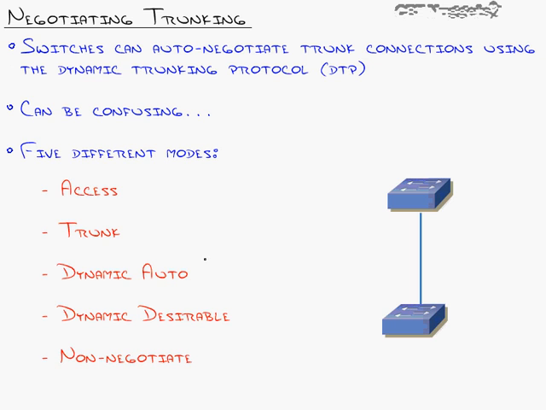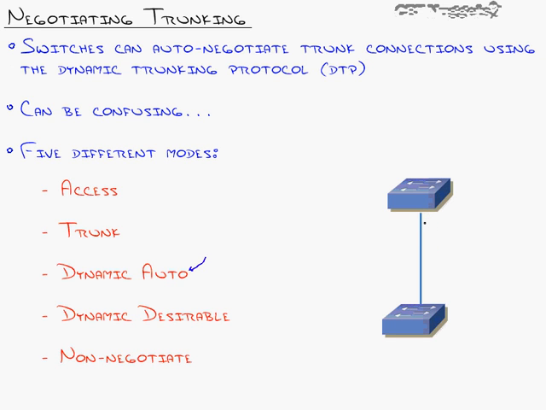Now, what if it's set to dynamic auto? What that means is it will automatically change between a trunk port or an access port, but it's not going to try to be a trunk. Meaning, it's not going to send any DTP packets saying, please make me a trunk.